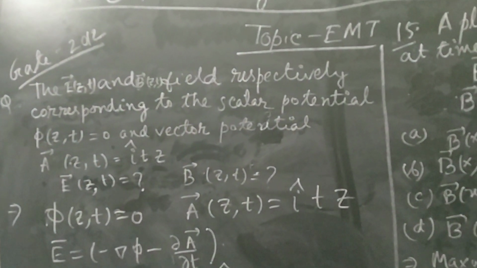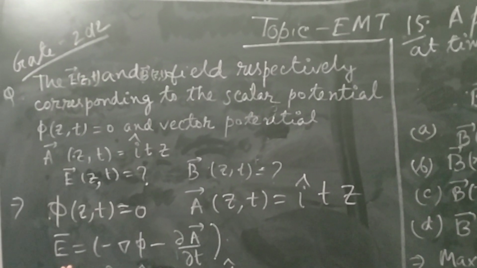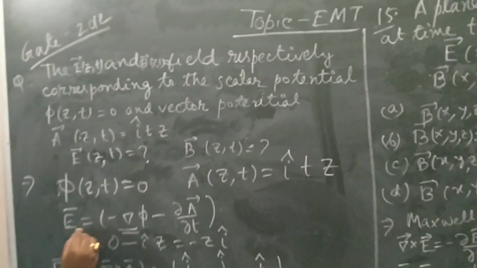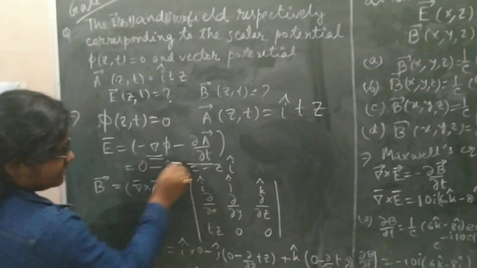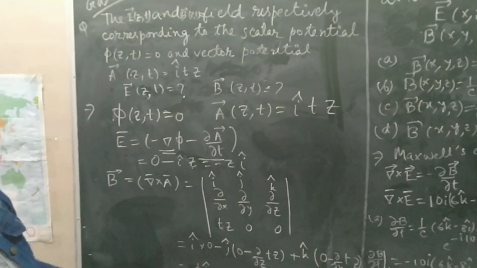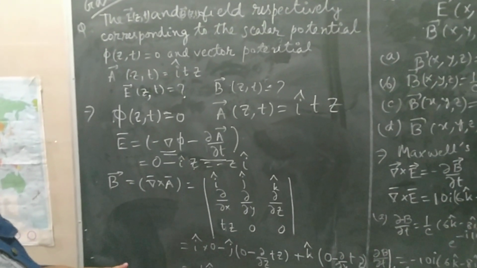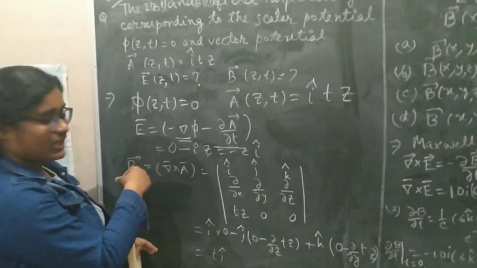You have to apply the formula for the dynamic electric field, which is E equals minus grad phi minus del A by del t. Why? Because whenever the electric field is changing, there will be a corresponding magnetic field, and that magnetic field also has an effect on the electric field.